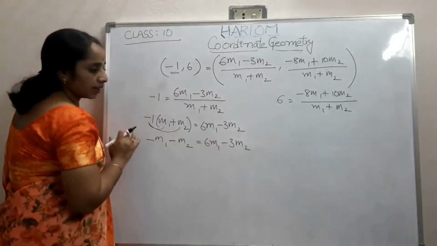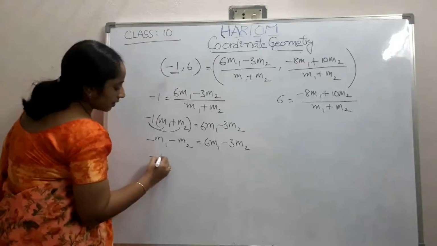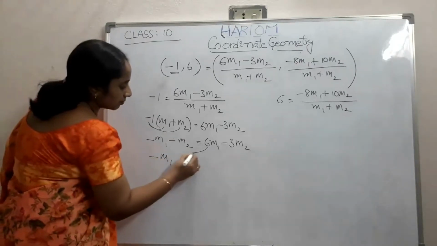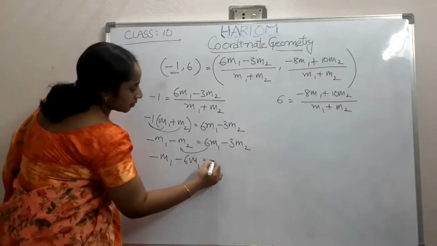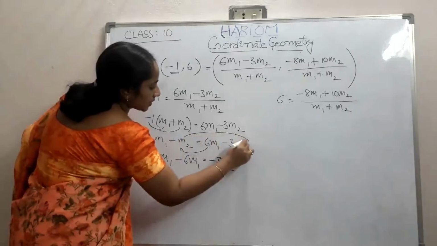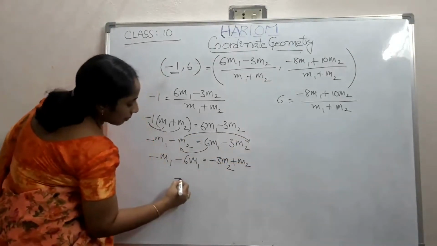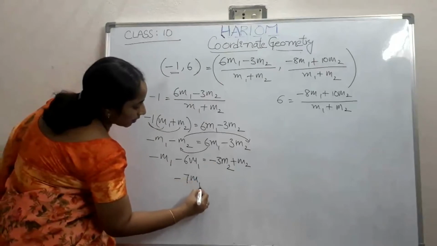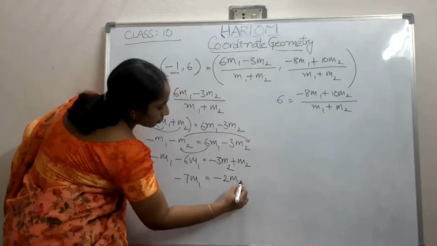Now take all m1 terms to one side and m2 terms to the other side. Now it is -m1 minus 6m1 is equal to -3m2. Now this is -m2, it is plus m2. Now it is -7m1 is equal to -2m2.